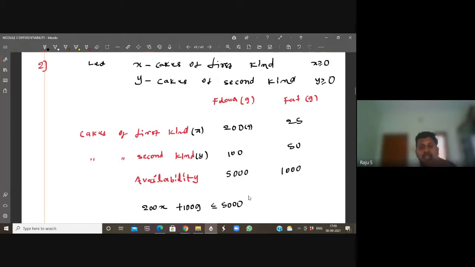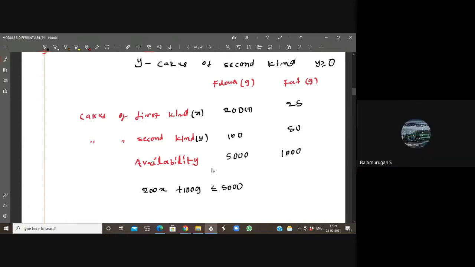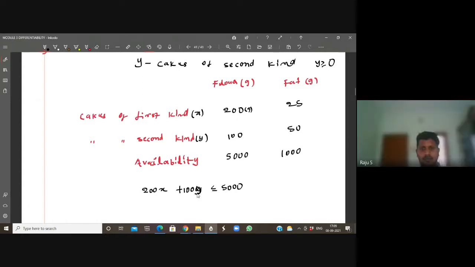It's not more. We can use maximum 5 kgs only. It should not be more than that. So shall I write lesser than or equal to 5,000? 200x plus 100y.